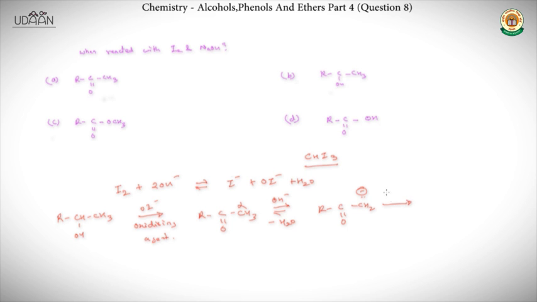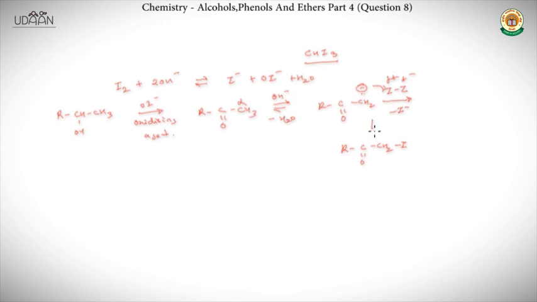And this will react with the delta plus of I and delta minus, and give out I minus to form R-C(=O)-CH2I.